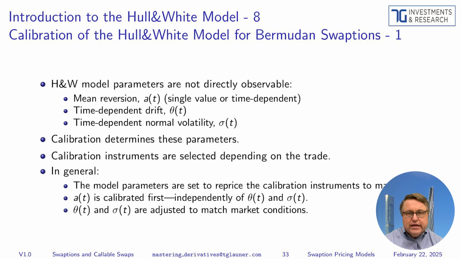Mean reversion a(t) is calibrated first, independently of theta(t) and sigma(t). Drift theta(t) and volatility sigma(t) are then calculated to ensure the model aligns with observed market data. As this is an introduction into swaptions, we are not going into numerical details in how to calibrate to a set of European swaptions, but leave this for a more advanced course in the future.